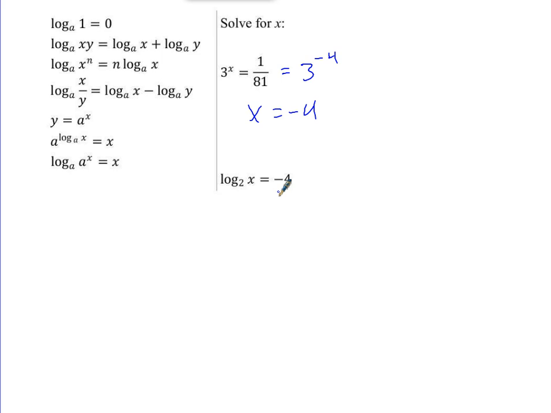Okay, because then 2 to the log 2 turns into what? X. X equals 1 over 2 to the 4th, which is? There's your answer.